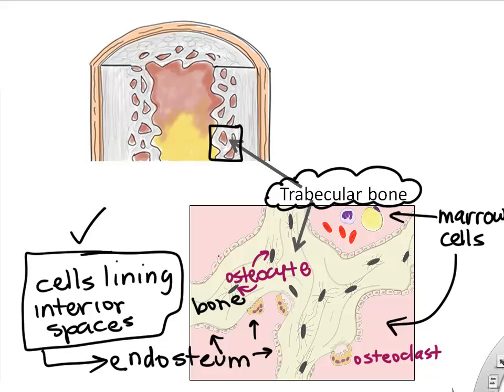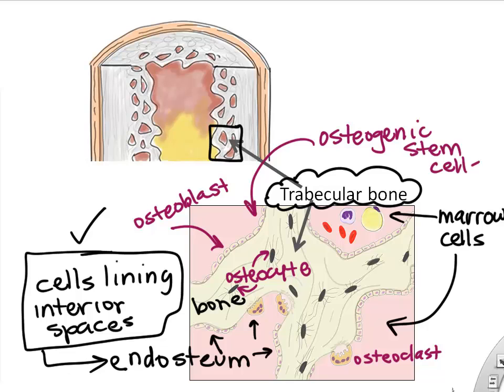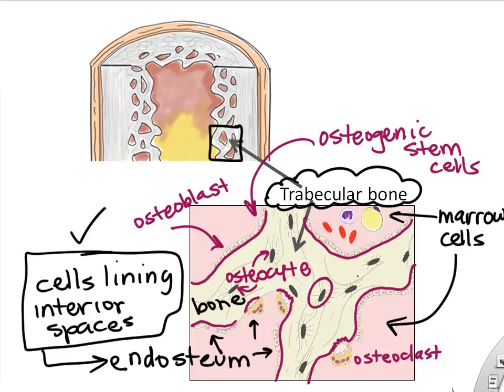So endosteum is the cellular lining in the interior spaces of bone. It includes cells like the osteoclast, the osteoblast, and osteogenic stem cells, which we'll learn more about. Again, if you look at the marrow spaces of trabecular bone, you see all these little cells clinging to the edge of the bone. And so we call those cells endosteum as a group.